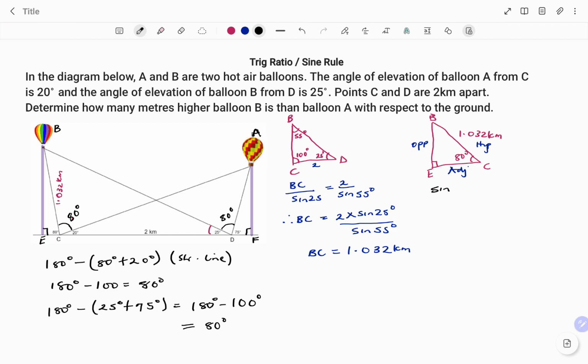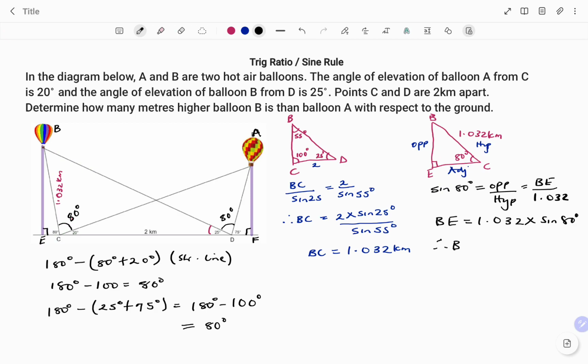So I have sine of angle 80 degrees equals opposite over hypotenuse, which is the same as the height BE over the hypotenuse, 1.032. Therefore, to find the height BE, I have that as 1.032 times sine 80 degrees.